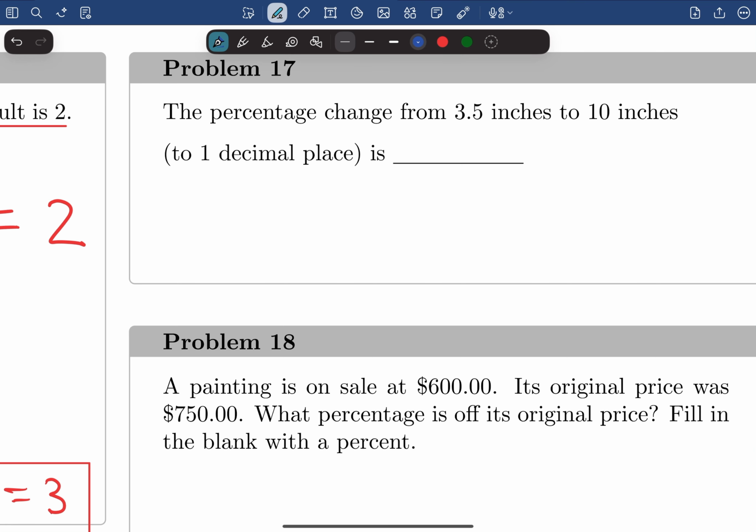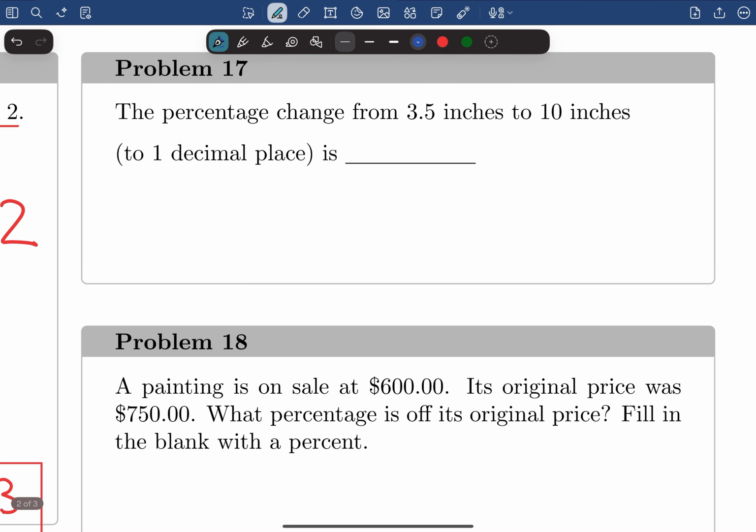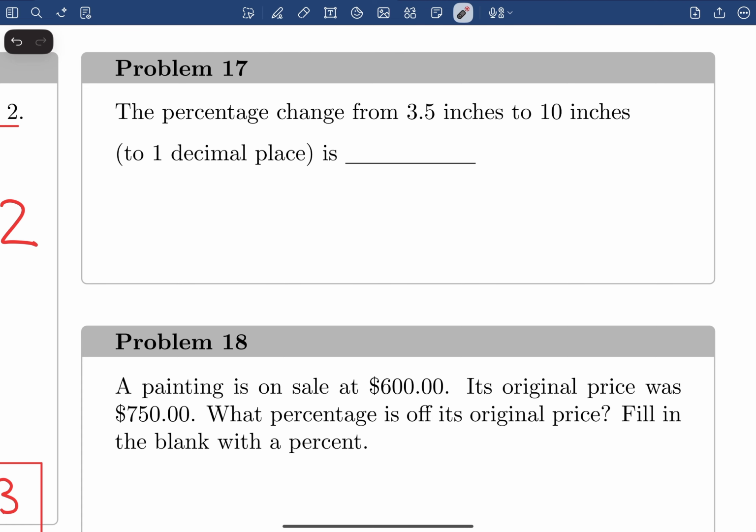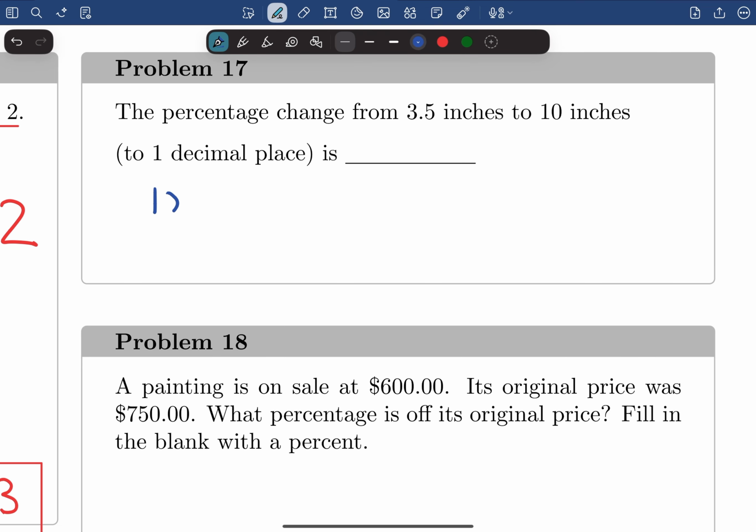Problem 17 says the percent change from 3.5 inches to 10 inches is blank. Now, this problem is as simple as taking the final number and dividing by the original number. So we're going to take 10 and divide by 3.5.